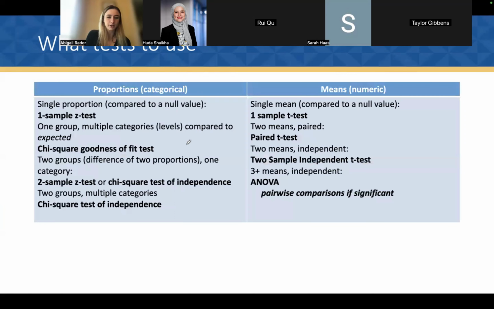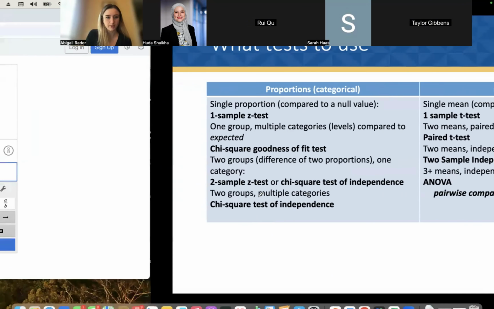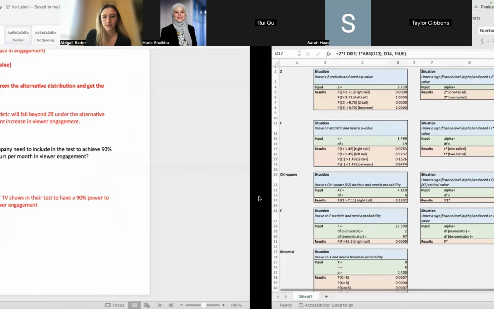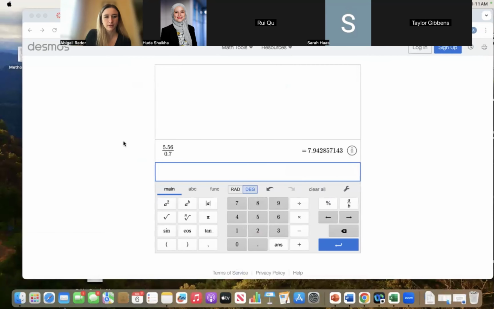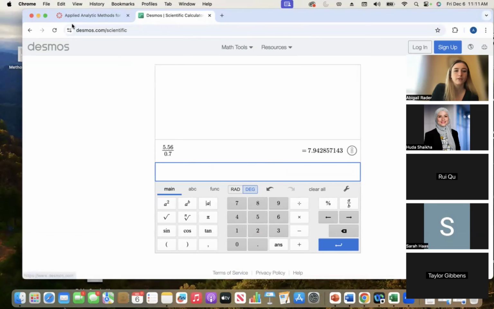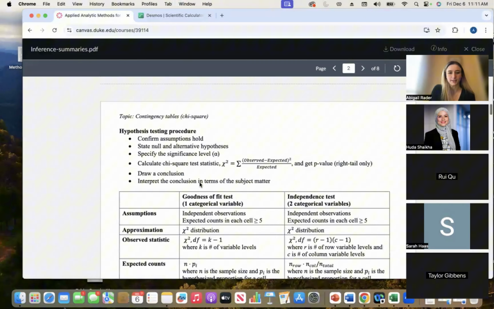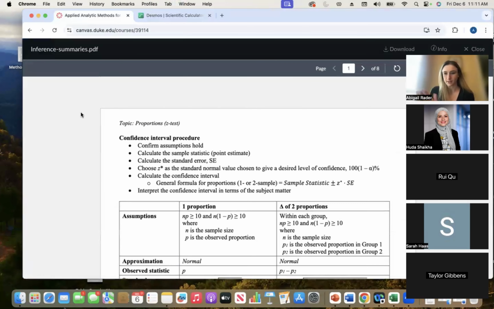I include a slide here that goes through the different tests you would use with different types of data. I think this could be helpful to have on your cheat sheet, but you are also allowed to have the inference sheet. Let me see if I can go to that. Oh, maybe I don't have it pulled up. Oh, here. You're allowed to have this sheet pulled up for the test anyways, which goes through each of the different tests, their assumptions, and what you're working with.